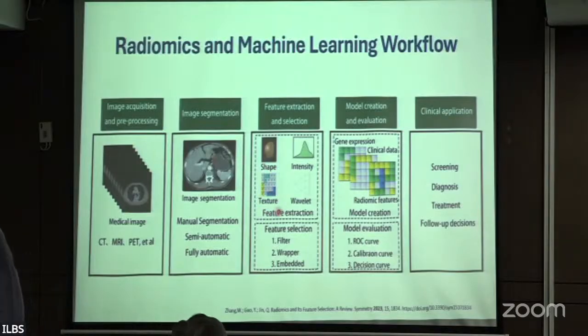Here, texture of an area and wavelength-based texture analysis is very important to identify the characteristics of a tissue in the ROI. So these are the whole domain of feature extraction that can be done using programming.